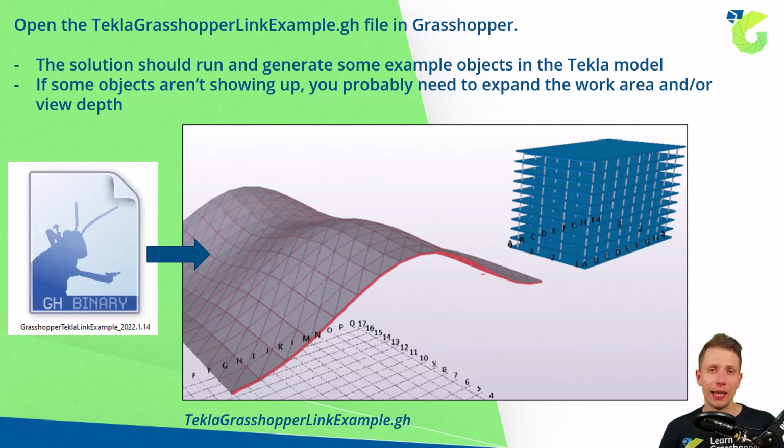There is a silo, there is a multi-story building, there is also a roof structure. And if something is not working, we will go through troubleshooting and all the cases, so don't worry. But if everything is installed properly, this should work.